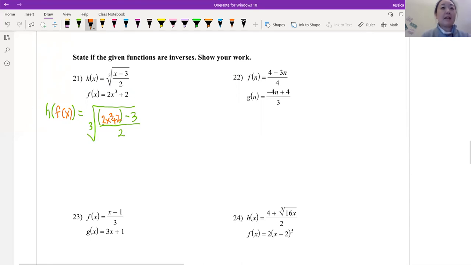And now this is the fun part. See if we can cancel stuff out. Do I need these parentheses here? Technically, no, because there's nothing outside here that we need to distribute. This is just a regular -3 in the back. So I'm going to just take out the parentheses here.